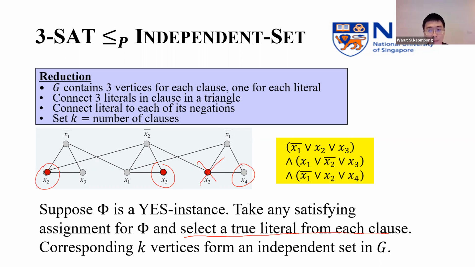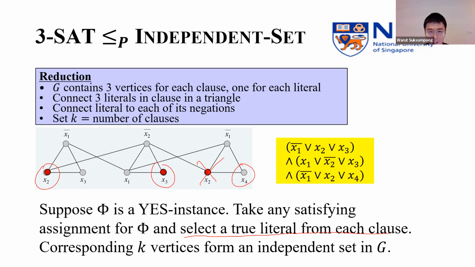I see. So it is that so long as one of them is satisfied, then it will prove it. If both x2 and x4 are true, you just need to pick one and it will be sufficient. Yeah, here you're starting with a satisfying assignment, like say x2 and x4 are true, and you're converting it into an independent set.